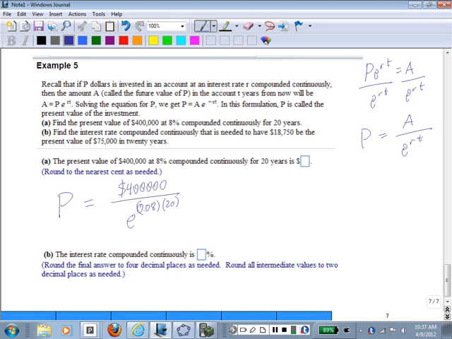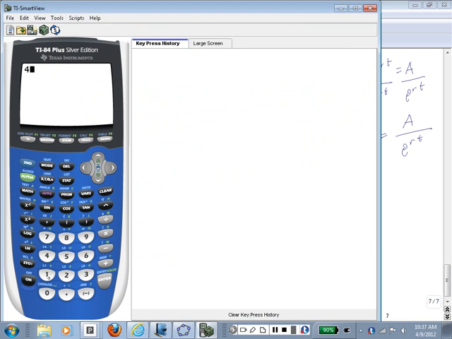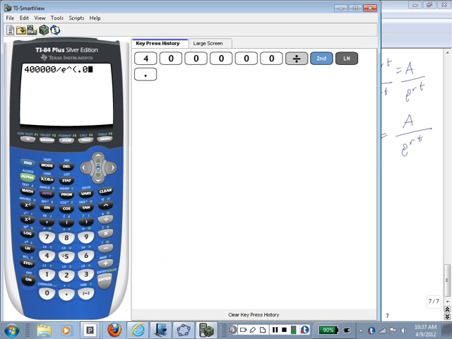And then if we want it to be worth $400,000, have a face value of $400,000 at the end of that time, take $400,000 and divide by that. Because if we knew how much we had now and wanted it to be worth $400,000, we would multiply by e to the rt to get that. So it's going to be $400,000 divided by e to the power of 0.08 times 20.